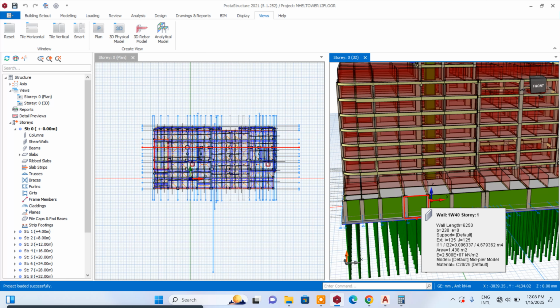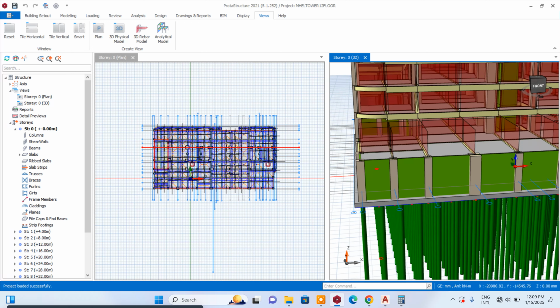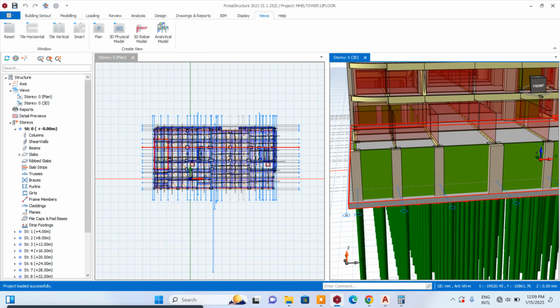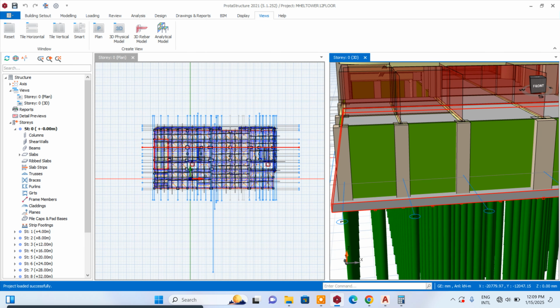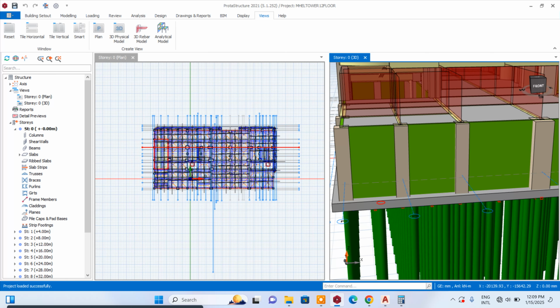Prota actually gave us a lot of piles, and with the team of engineers we got PileSoft from Ekide. But even at that, because of the magnitude of the load applied on this structure, we discovered that even the PileSoft was not giving us the results we want. So we decided to go for raft on piles. And so what we have here is our raft, and these are our piles.